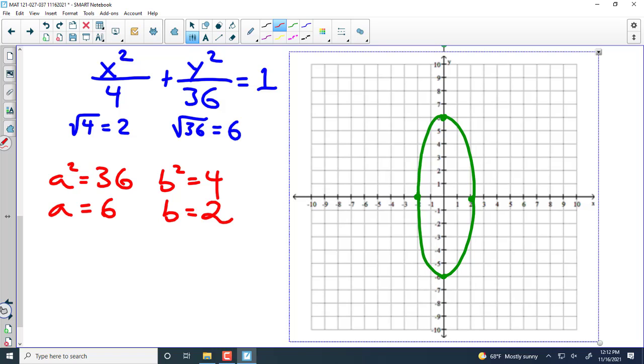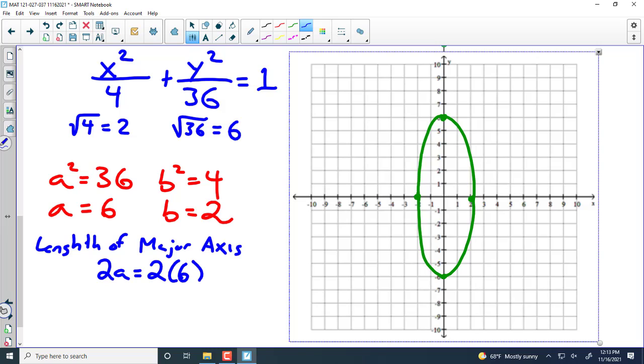This is what I was talking about, everyone. Look at the picture and tell me how long the major axis is. 12. Length of major axis is 2 times A, which is 2 times 6, which is 12.